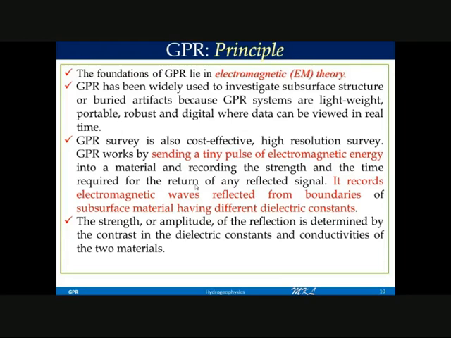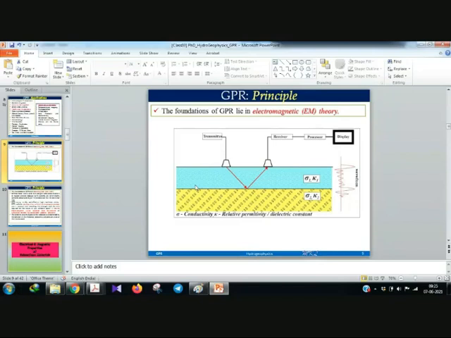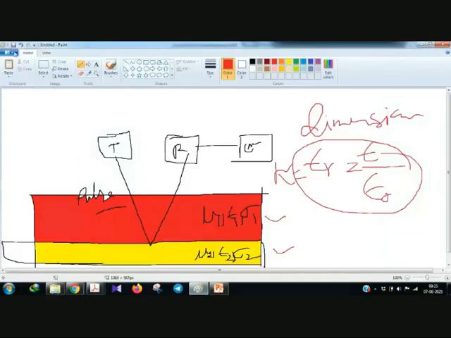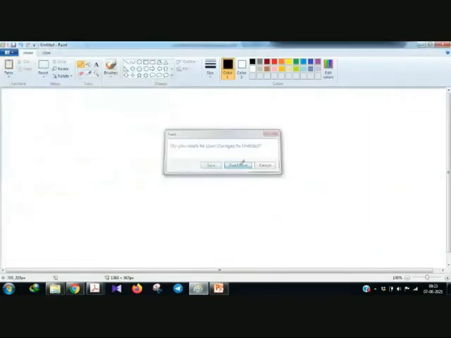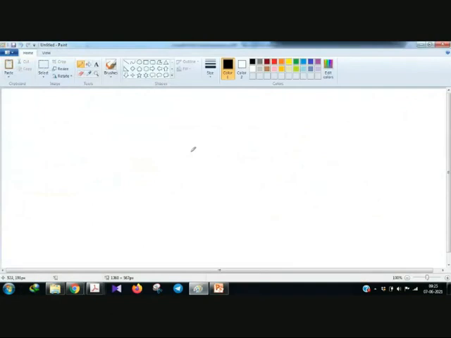A GPR system works by sending a tiny pulse of electromagnetic energy into the material, and it records the strength and the time required for return of any reflected signal. If you remember from the previous class, I talked to you about the well and thrown pebble incident.